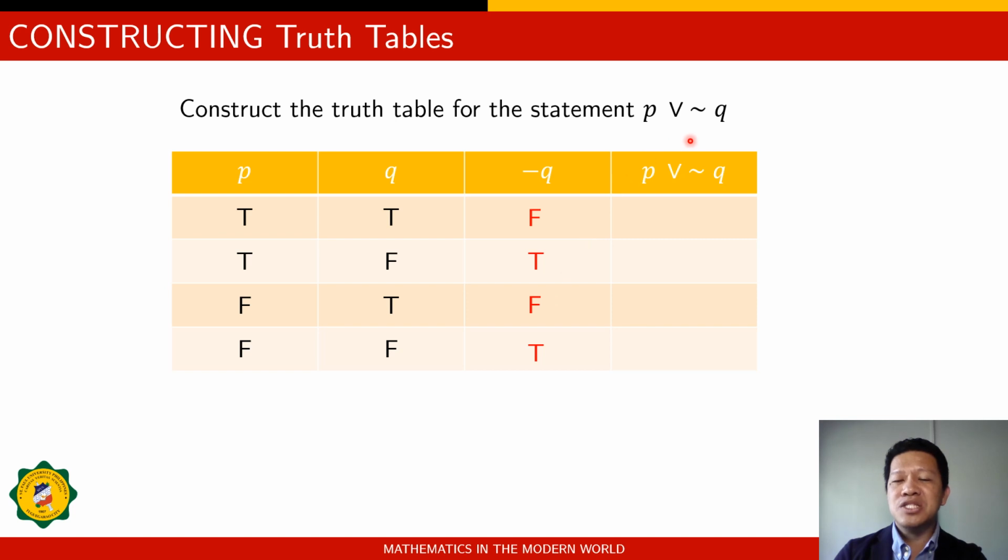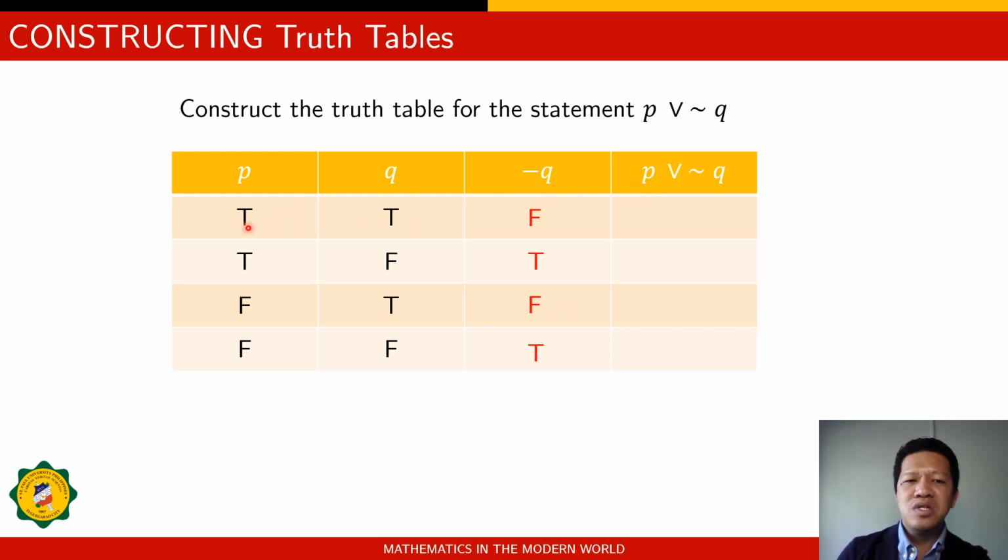And then we proceed to the next connective, that is OR. We need to add another column for the whole statement, P or not Q. We get the truth value of this statement using the first column for P and the third column for not Q.